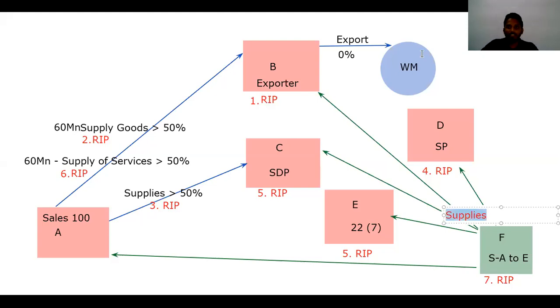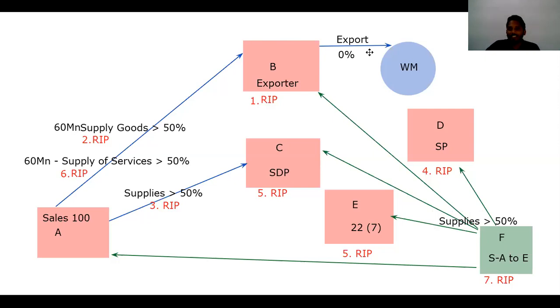Let's see the supplies again, more than 50%. These are the 7 cases in one picture: persons who can register as RIP.